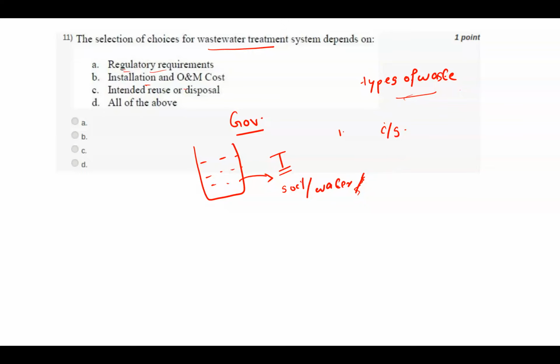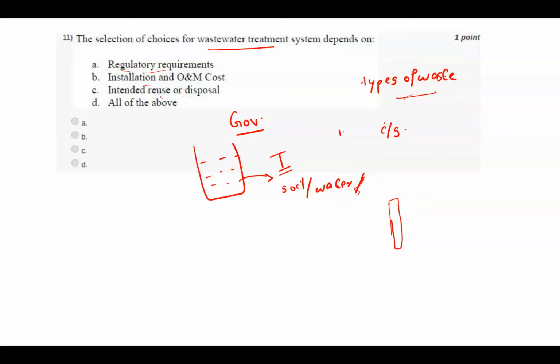Then maintenance means, if there is some leakage in the system, or daily cleaning of the system is needed, or the membrane has a particular limit of use. After that time, the membrane will not be useful and we have to replace it. Until then we can clean the membrane by backwashing and reuse. But at a particular time, your membrane is terribly fouled and you can't use it, so then you have replacement cost.